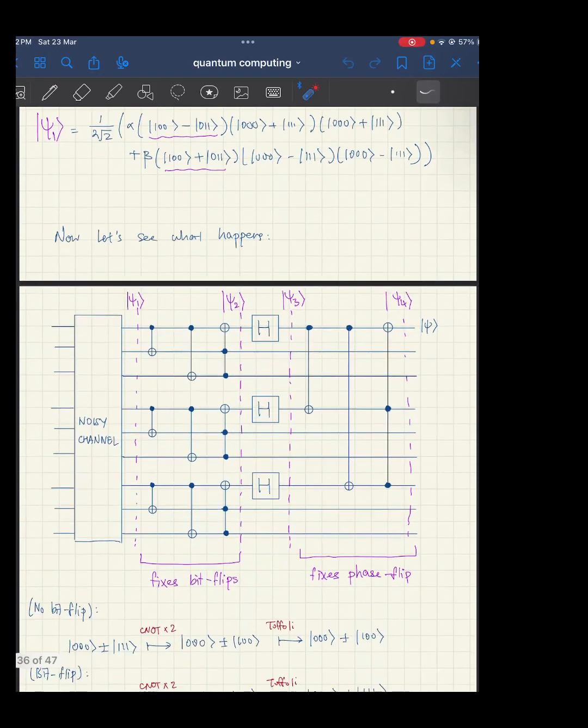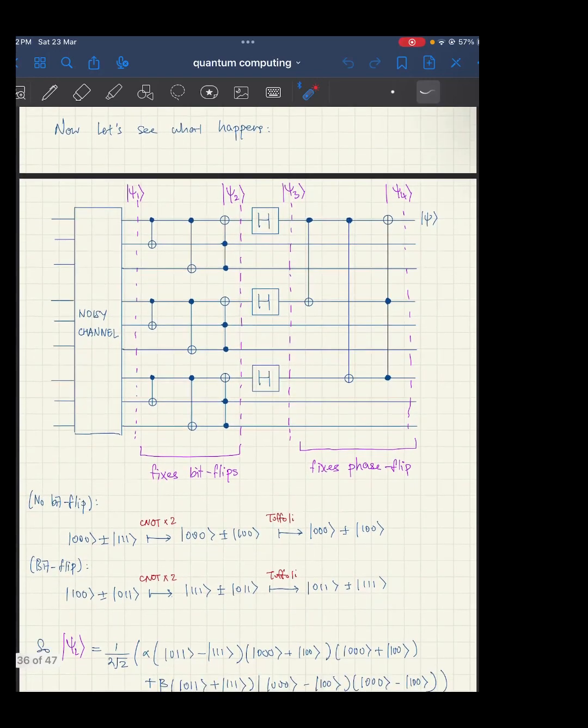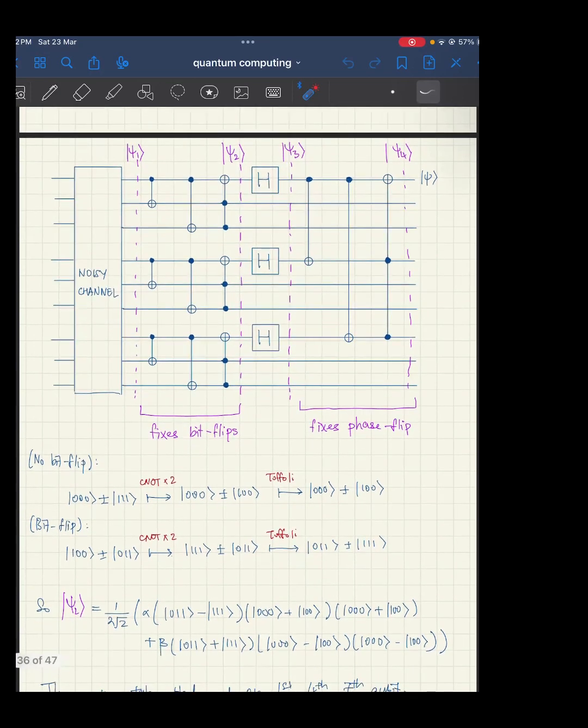Okay, so now let's see what happens. For the first part, from psi 1 to psi 2, we are going to correct the bit flips, and we're going to look at it from a block by block perspective. So if the block has no bit flips, it could have a phase flip, which we write as plus minus.